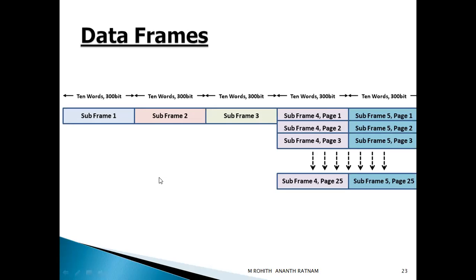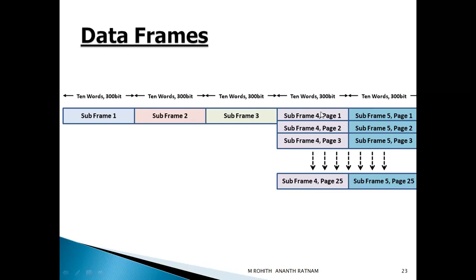This is the total data frame you can see here, guys. In one master frame you will have 5 subframes, sorry, 5 frames. So this is one total frame. In one frame you will have a total of 5 subframes, right?